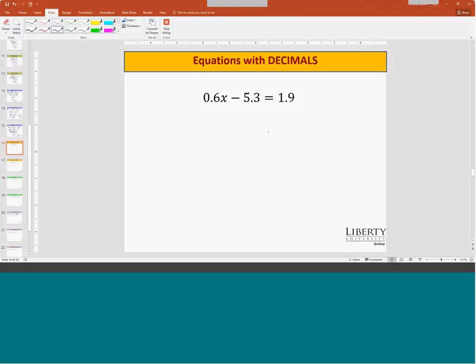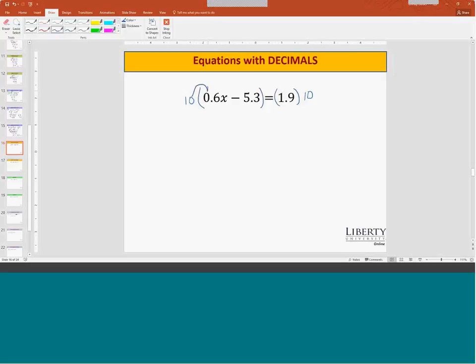You can go and solve as usual, or you can choose to get rid of your decimals. And I really don't care to work with decimals. Because every term is in tenths, to eliminate the decimals, I'm going to multiply both sides of my equation by 10. My terms, my constant numbers, are represented as tenths, so this is going to get rid of my decimals.